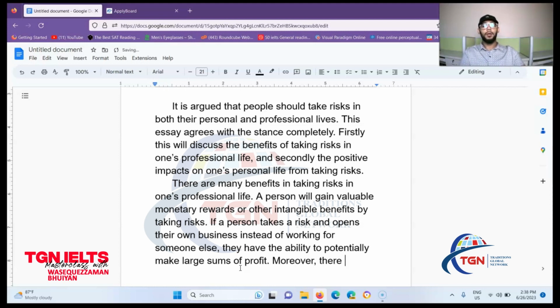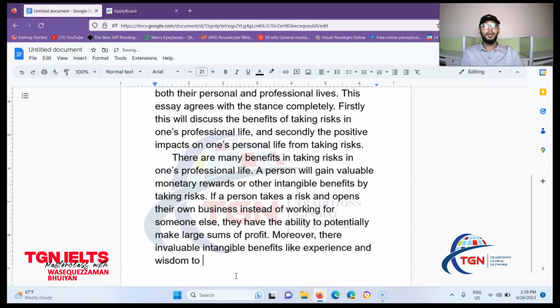Moreover, there are invaluable, so that means very valuable, invaluable intangible benefits like experience and wisdom to be gained by taking such risks.